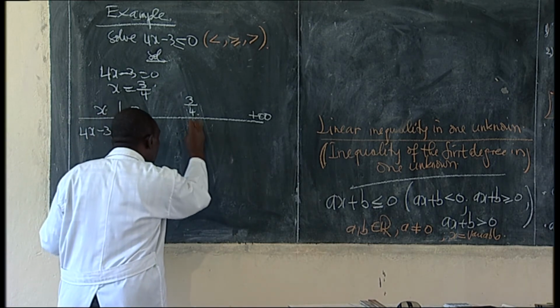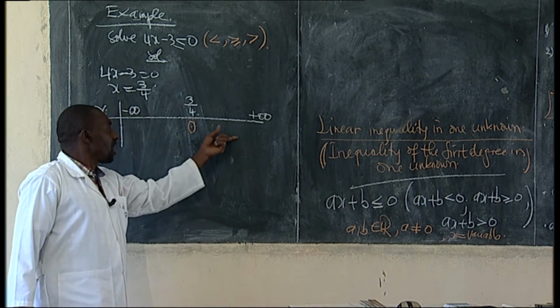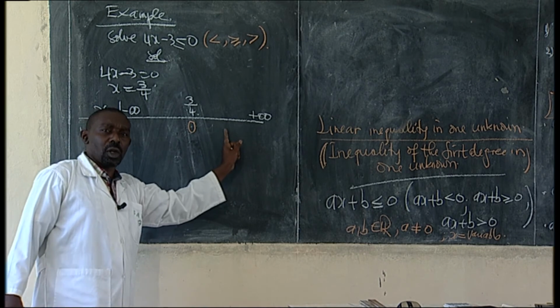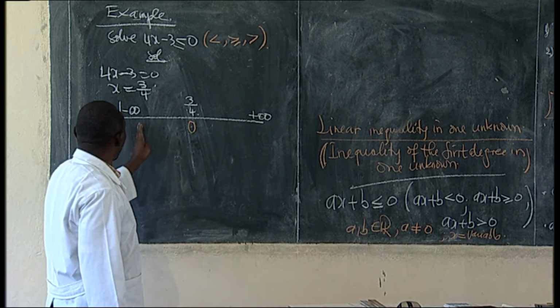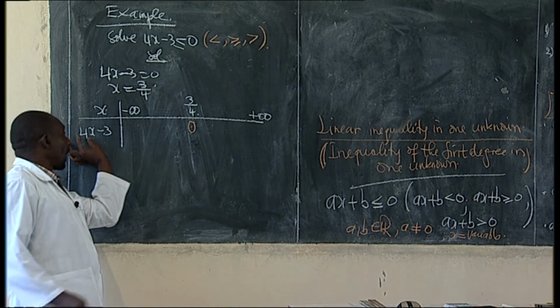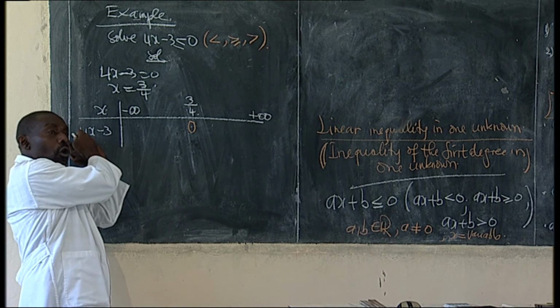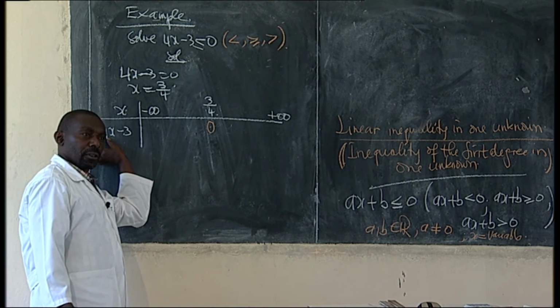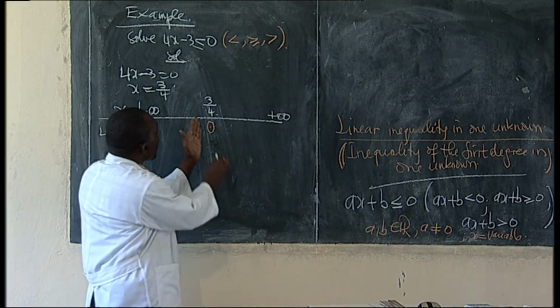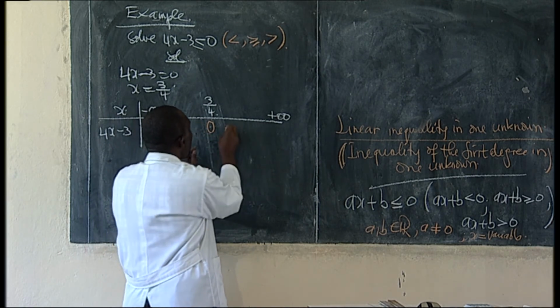It means that at 3 divided by 4, I have a 0. Which sign to put at the right of 0? Which sign to put at the left of 0? You see, the coefficient of x is 4, and 4 is positive. Means that at the right of 0, the sign is positive.